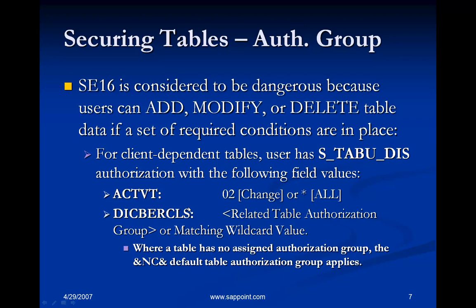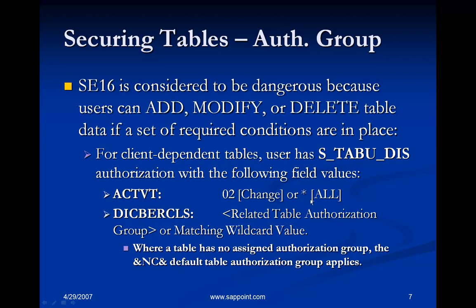Now, if in a production environment this object S_TABU_DIS has a value 02 and an asterisk as a value for authorization group, or a specific authorization group, what it means is that the user using SE16 has change access for tables in the production environment, the tables that belong to the authorization group that you specify in this object.